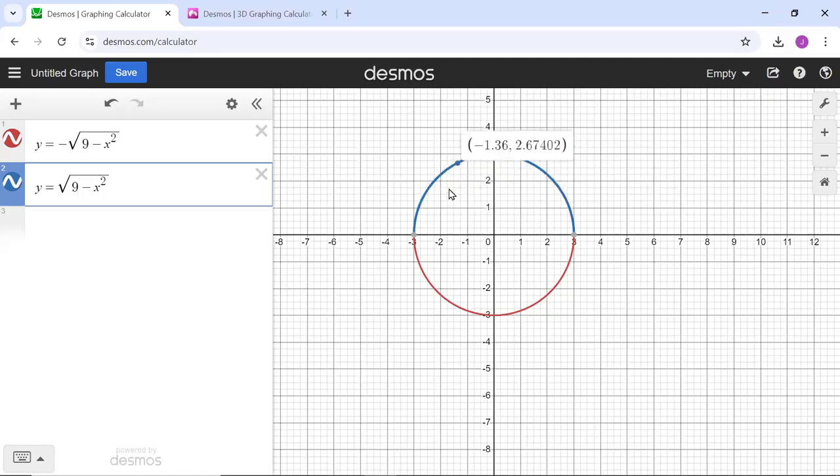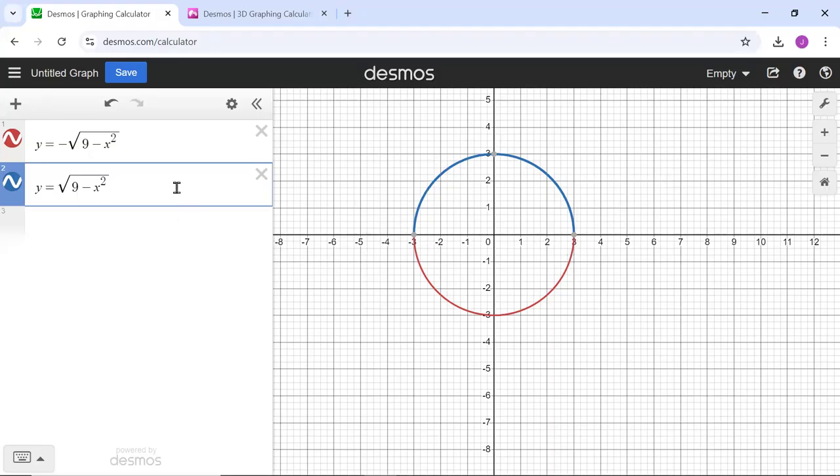So when we were integrating y from the negative square root of 9 minus x squared up to the positive square root of 9 minus x squared, we were going from the lower half of the circle to the upper half of the circle. And our x values were between negative 3 and 3 because that's where we were ending.